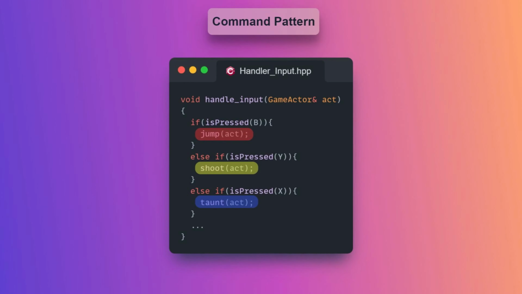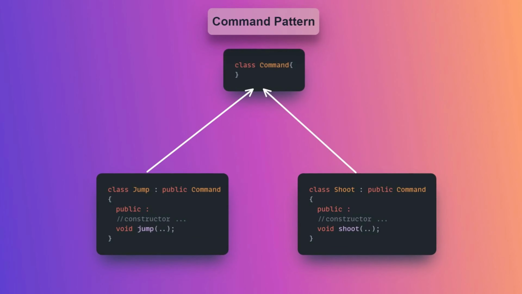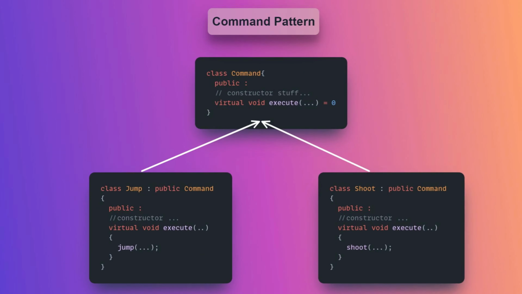Let's look at how to implement this solution. The earlier straightforward solution directly attaches a static function to each button on the controller. To decouple action from request, the command pattern is used. It first wraps the request into an object and then uses an object-oriented programming technique called polymorphism. These wrapped requests are then derived from an abstract base class, and requests are assigned under the same virtual function for each request object.